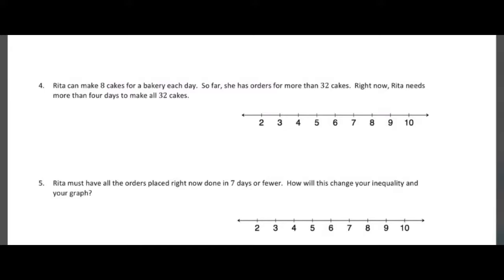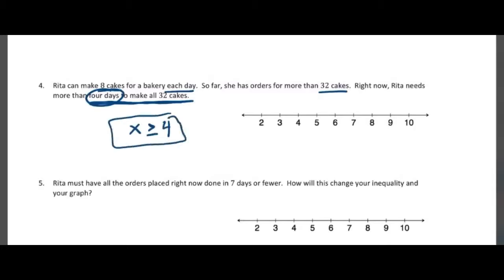Because if you see, it says Rita needs more than 4 days to make all 32 cakes. That's why I'm underlining it right there. That's the most important part of it. Because it's X, 4 days. X is greater than or equal to 4.